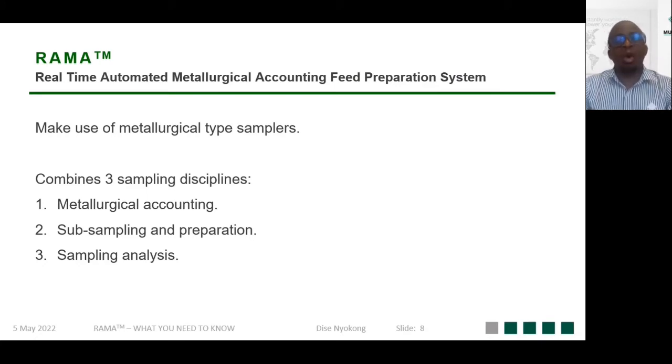What it does is it combines 3 disciplines, mainly metallurgical accounting sampling instead of process control samplers. And then there's also preparation in such a way that there's no additional errors introduced into the system, such that the sample that is fed to the analyzer is as representative as possible. And then there's also the analysis part, which is the analyzer. The first 2 are the ones that the RAMA system mainly represents.